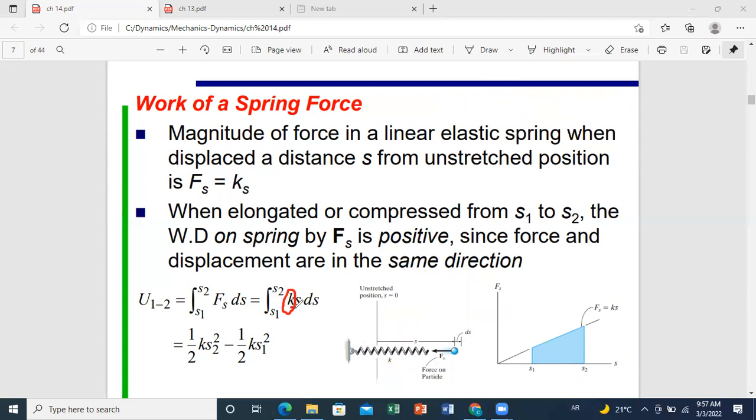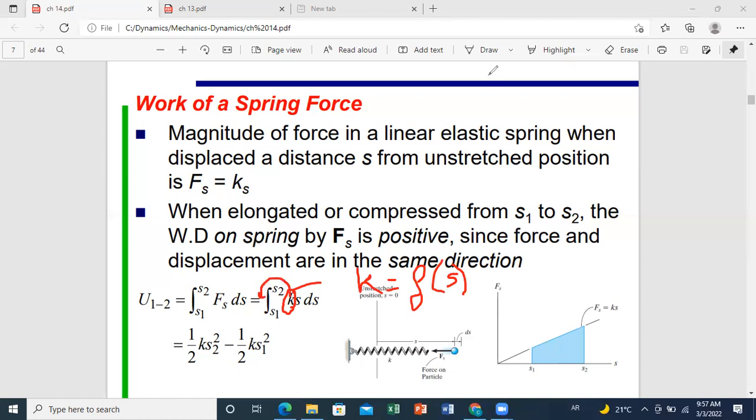In case it's not elastic, they should tell you what K is as a function of S. So in case we deal with other types of springs, non-elastic springs, K can be given as a function of S, and then we do the integration. But in normal cases, if they don't say anything, we consider it's an elastic, linear spring, so K will be constant, and we can take it outside the integral.